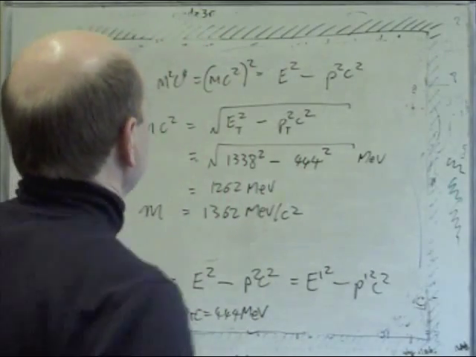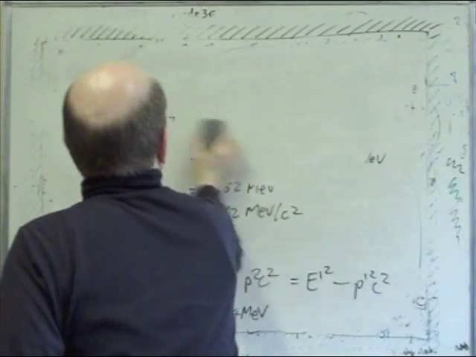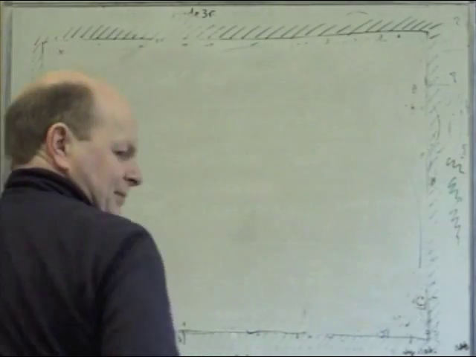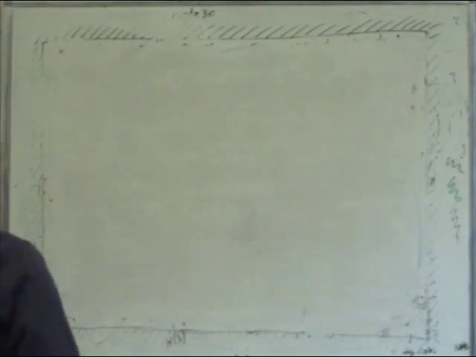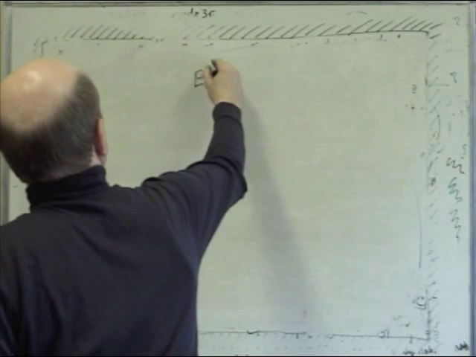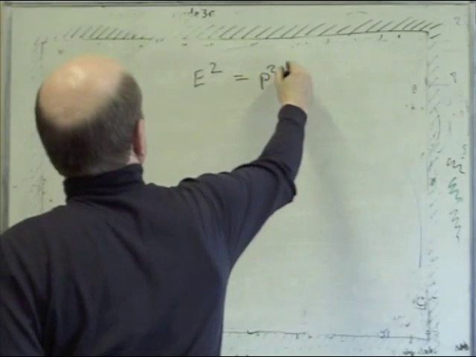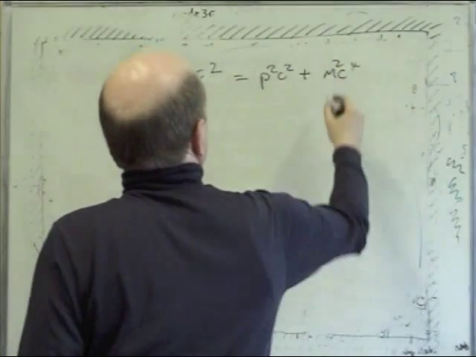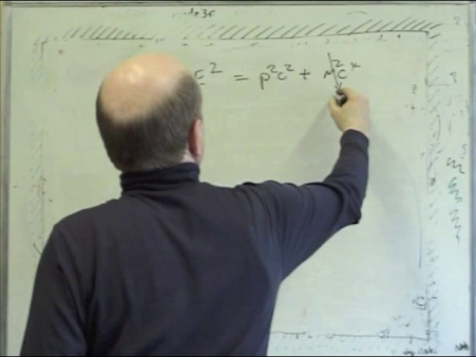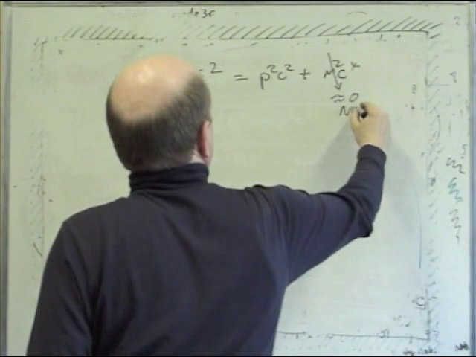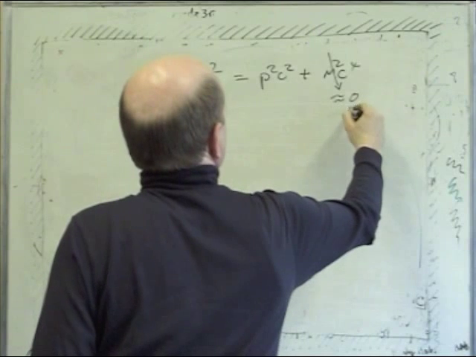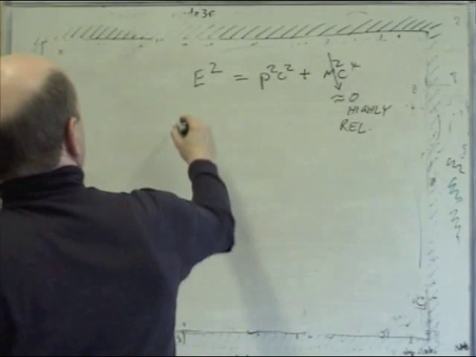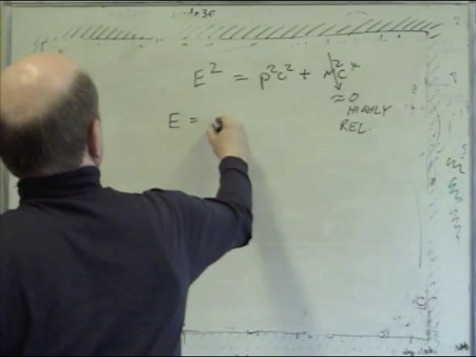Alright, so the next bit is to figure out the momentum of the electron and the momentum of the proton. If you remember, the electron's highly relativistic. So the energy momentum mass relation, E squared equals P squared C squared plus M squared C to the fourth, reduces, because you can ignore the mass energy, mc squared, to E equals Cp.